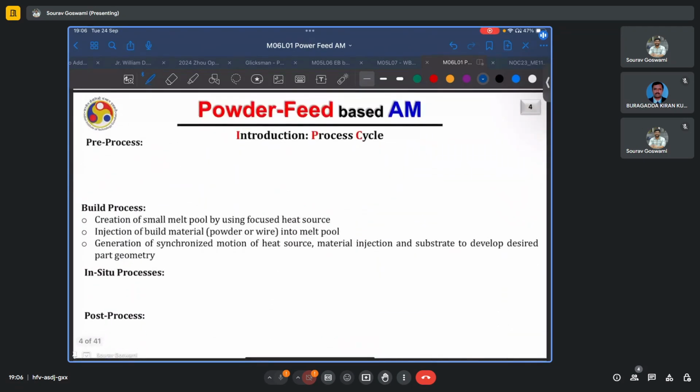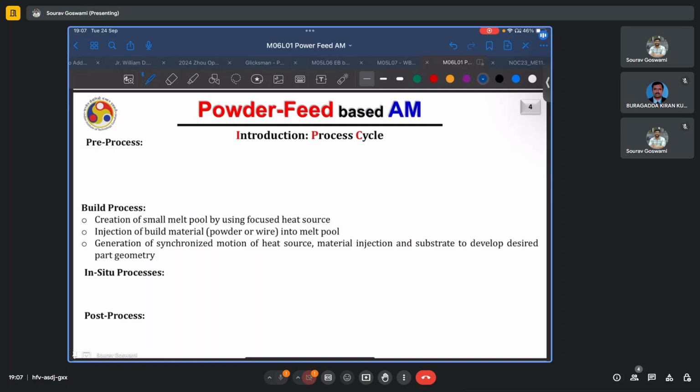Just like most other AM processes, this also has pre-process and build process cycles. What additionally can be done is the addition of certain in situ processes, like we have been talking about, such as further relieving of residual stresses. We can have a shot peening or a hammering or an in situ rolling step, or we may have some in situ diagnostics and in situ monitoring setup, such as a thermal camera, which can give us updates about the process in real time.